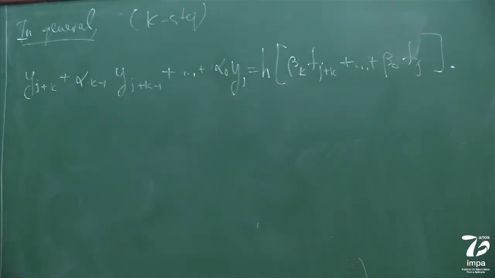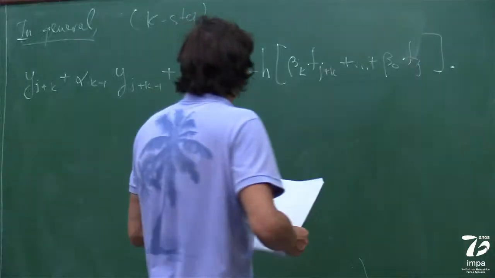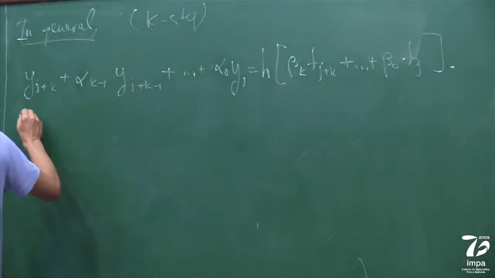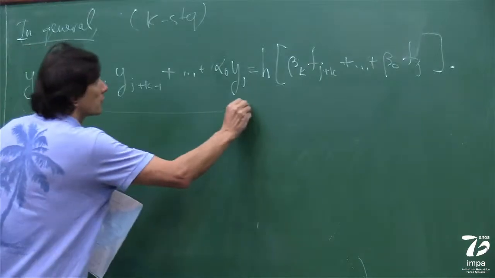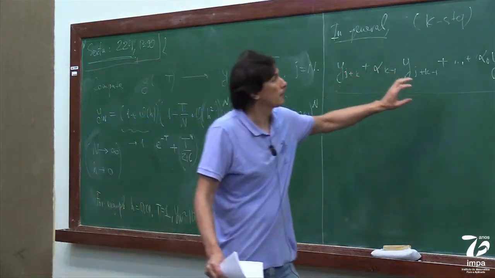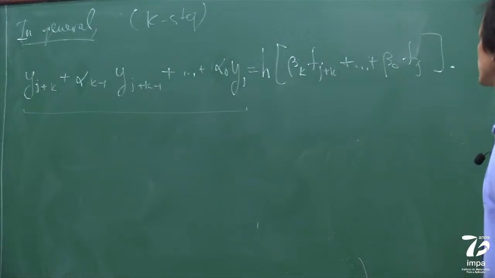So what happens with this method? If we study stability, it turns out that instability is fully determined by the left-hand side. What amplifies the error is just what stays on the left, and what stays on the right is less important.